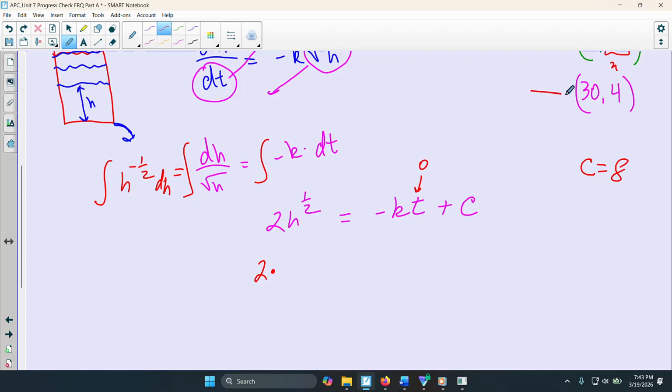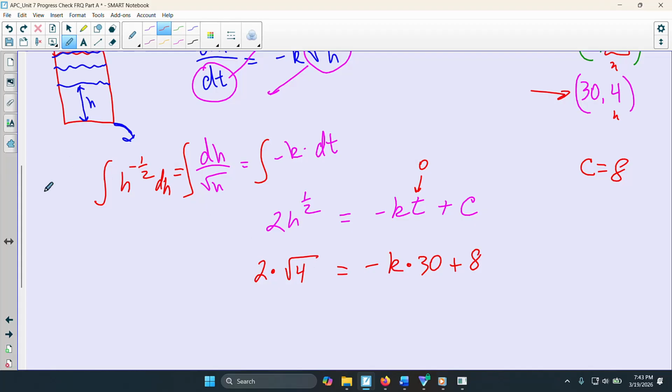So I'm going to use the second point here. This is h. It's 4. 4 is square rooted, so I'm going to write 4 square rooted, but then I'll obviously do this mentally. Equals negative k times, well, what's the t value? t is 30. And plus, this is 8. We found c to be 8.